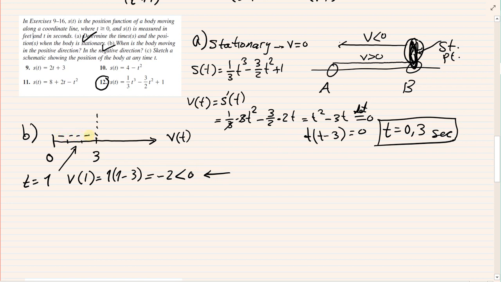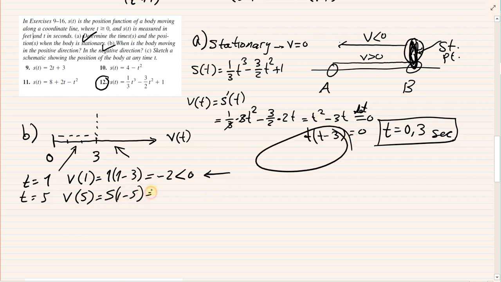And then you can pick a test point like 5, for example, anything you want. t equals 5. Velocity at 5 is 5 times (5 minus 3), sorry, not 1 minus 5, because t is 5.